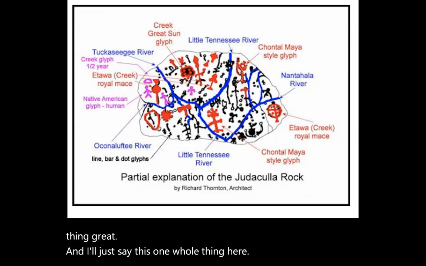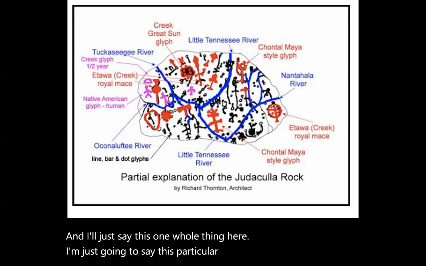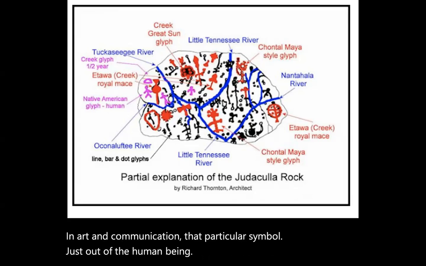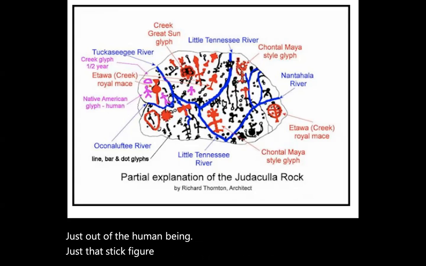I'm just going to say this particular thing in art and communication, that particular symbol of the human being, just that stick figure of a person, man, woman, whoever. First person who put that up, I don't know, maybe 50, 60, 70,000 years ago.